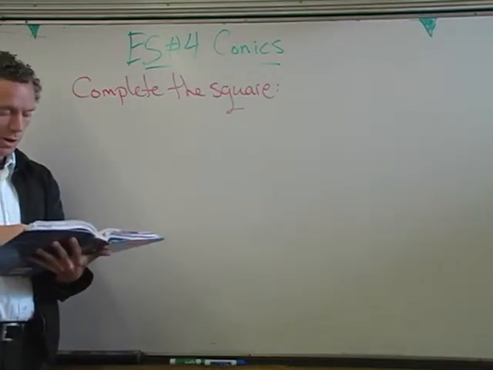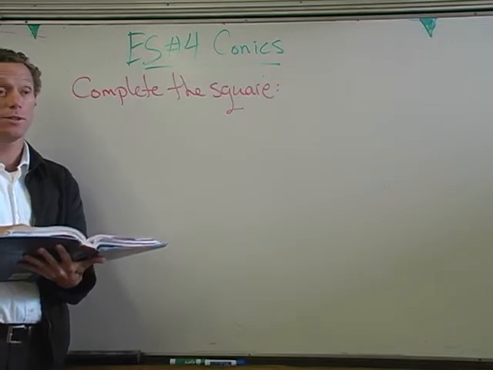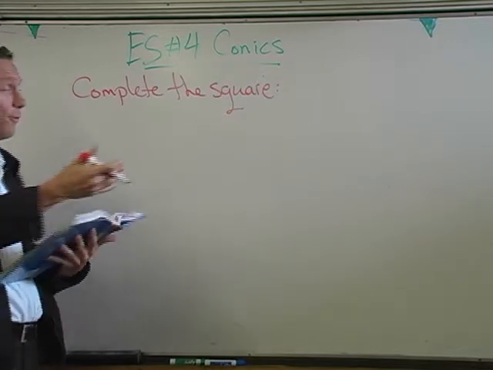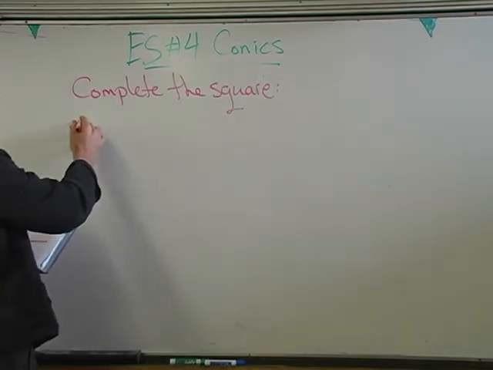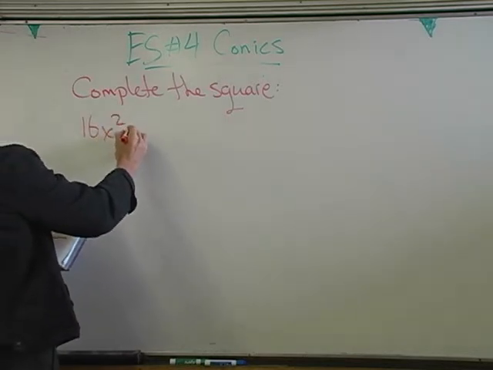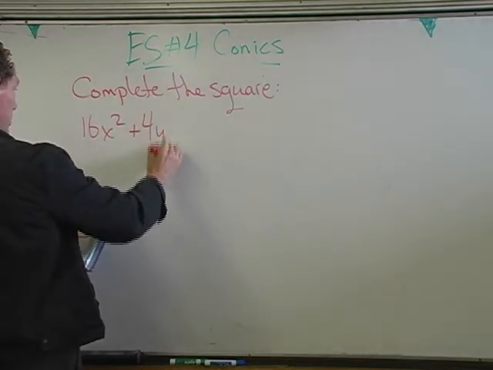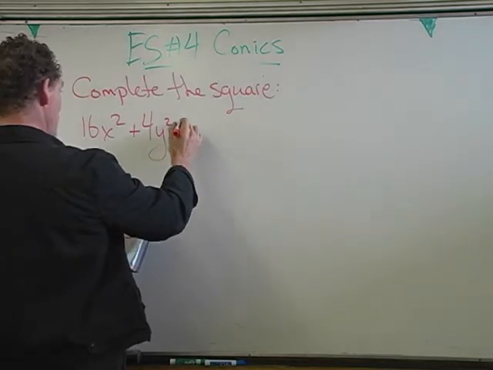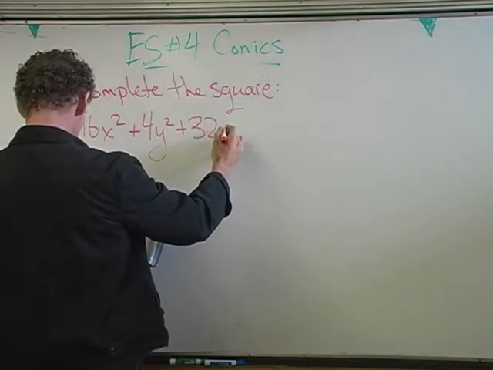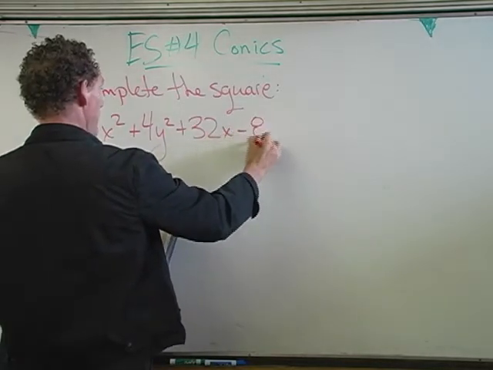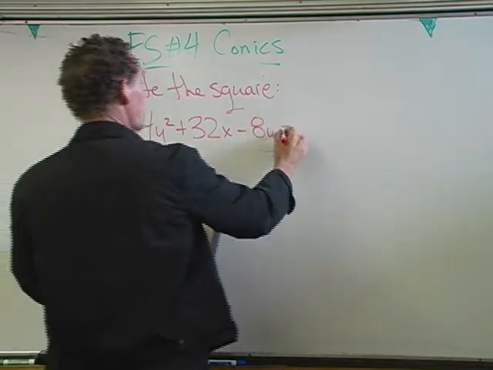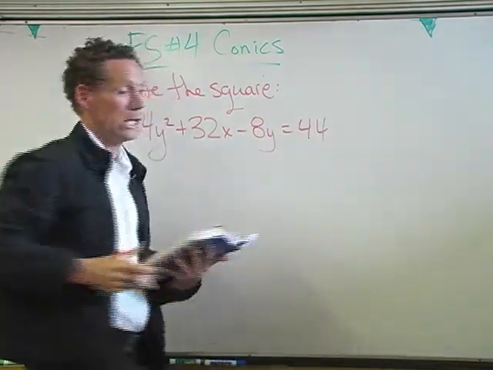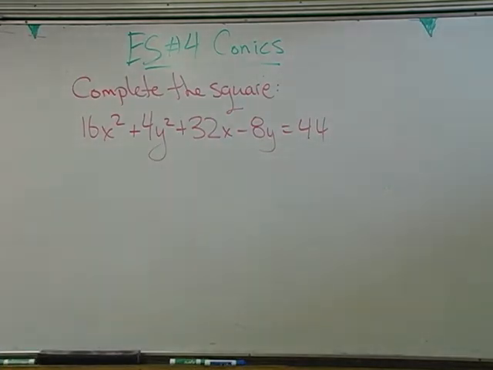We're trying to turn this equation into transformation form. So we have 16x squared plus 4y squared plus 32x minus 8y equals 44. And we're supposed to complete the square.